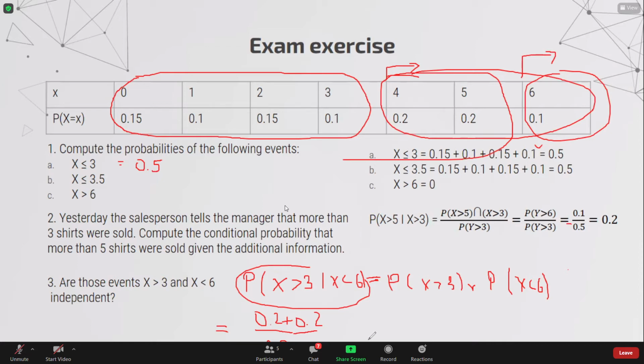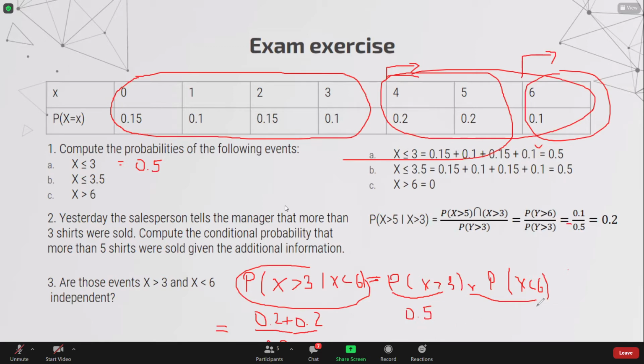And we have to check again those probabilities here. We have X being more than 3, which is that part here, 0.2 plus 0.2 plus 0.1, which is just 0.5.